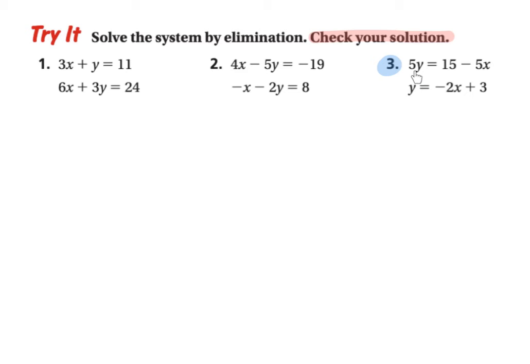Notice that this has got 5y and a y, but we got a constant here, 15, and right underneath it is a negative 2x. So we want to make sure that the variables, terms and constants match up. So this negative 5x can't be subtracted or added to this 3 because they're not like terms. So we want to maybe rearrange this one a little bit. Take a moment to pause the video to try out these 3 questions.